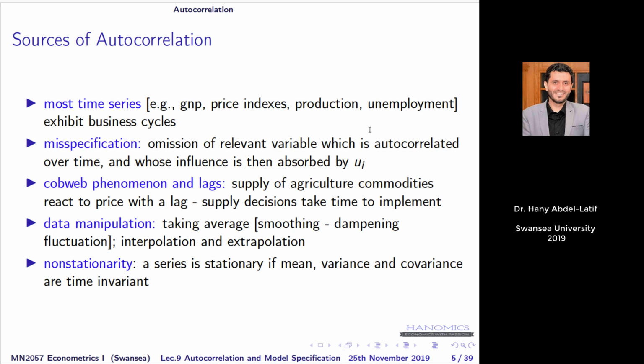Or it could be a misspecification issue, which is something we will discuss in the second half of the lecture today. But for now, if you omit, if you drop, for whatever reason, an important variable from your regression, okay, so the effect of this variable on your dependent variable is actually captured by what?